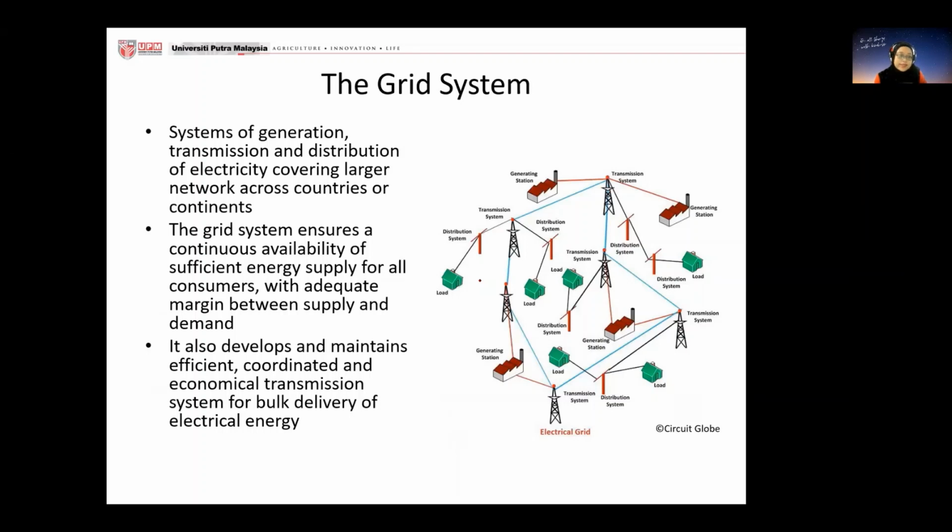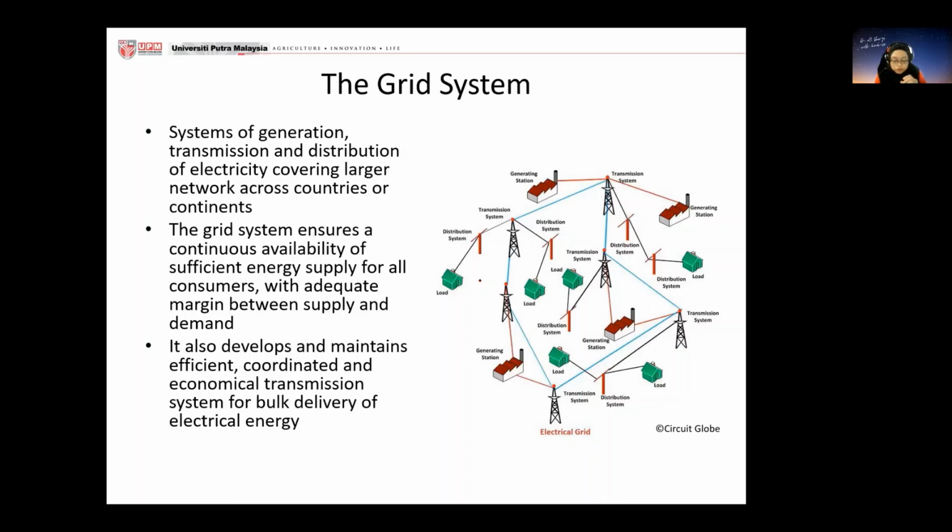So basically the grid system is a system of generation, transmission and distribution of electricity covering a larger network across countries or even continents. The grid system ensures a continuous availability of sufficient energy supply for all consumers, and you have an adequate margin between supply and demand.